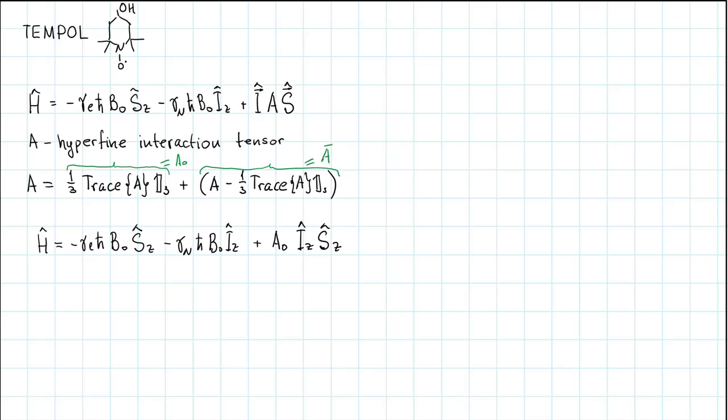In fact, it can be shown that for high B0, the computation of the eigenstates or eigenvalues of the Hamiltonian gives almost the same result if we have this Hamiltonian with the scalar product of I and S or just with the product of the z components Iz and Sz. Now we can proceed to the computation of the eigenvalues of the Hamiltonian H using the fact that this Hamiltonian is already diagonal.